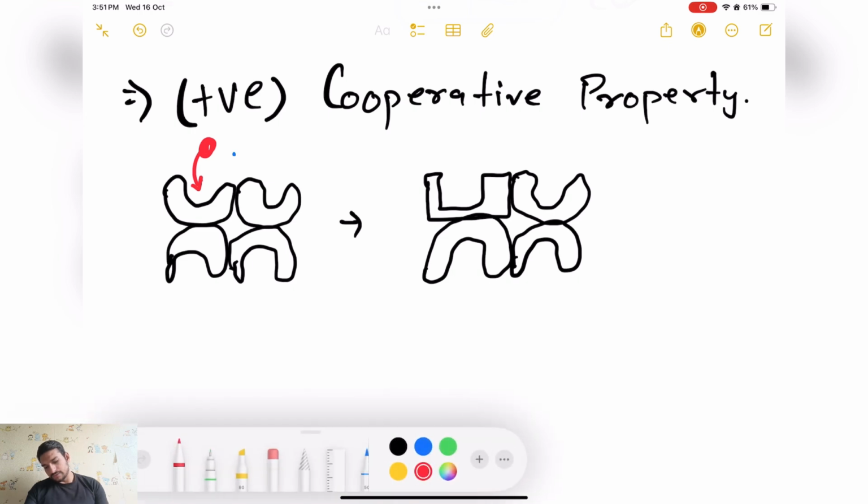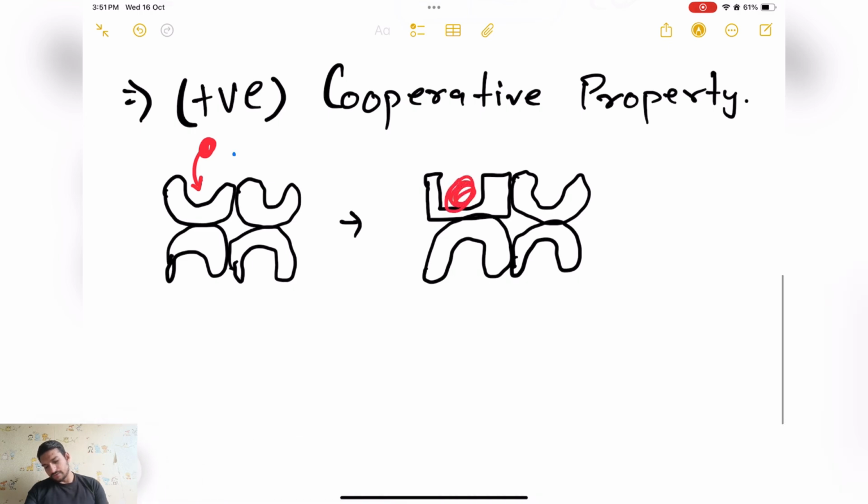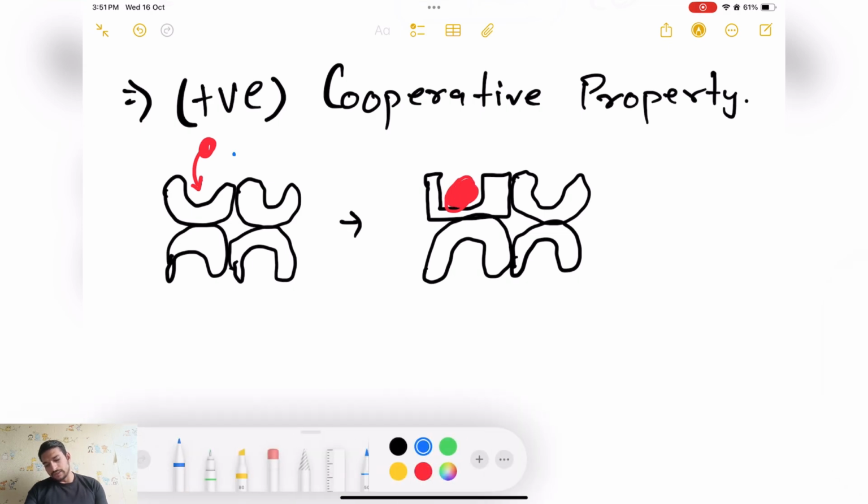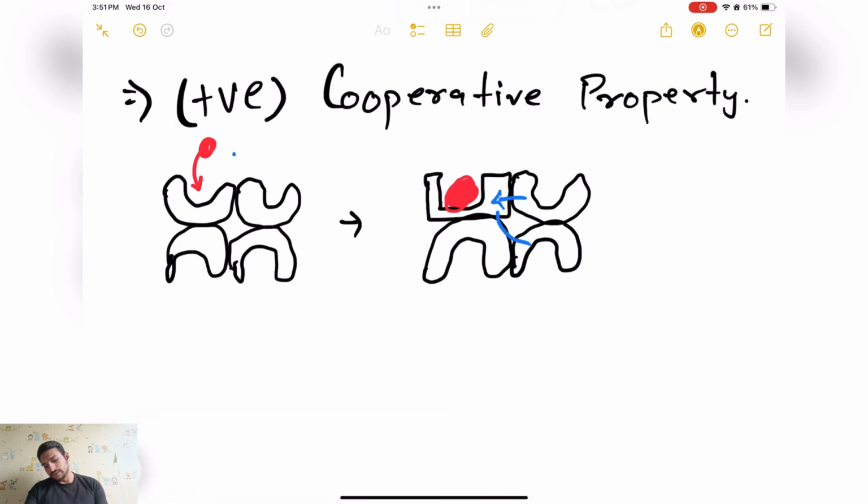Here is the substrate. Now all the three subunits coordinate, with the help of chemicals and other things, with the first subunit which got attached to the substrate and changed its shape.